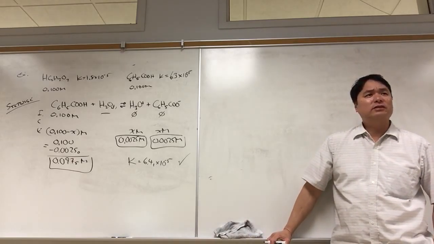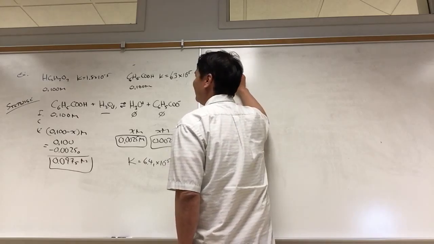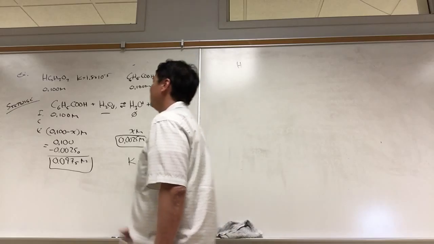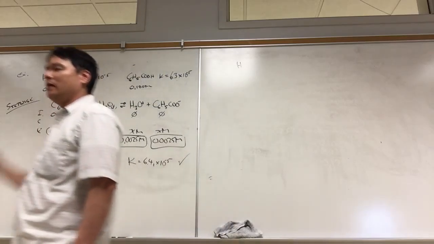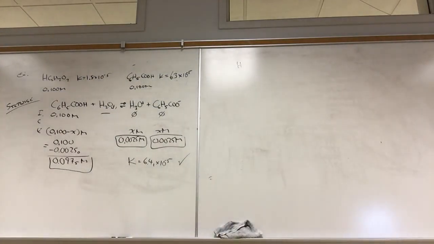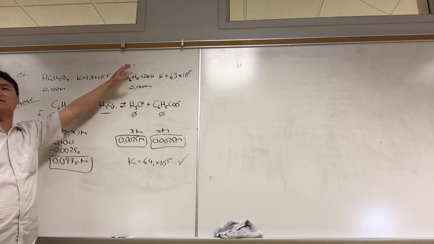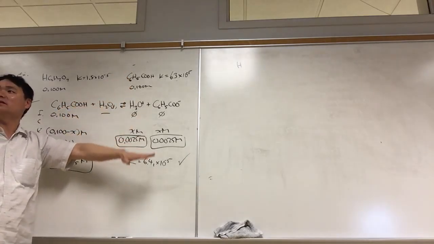But we're all right. So the next step is we want to figure out how much additional hydronium. Should we care? Do you think acetic acid will be a significant contributor to the hydronium? Should I worry about the acetic acid in this mixture? Can I just say most of the hydronium comes from benzoic acid, I'm going to ignore the acetic acid?